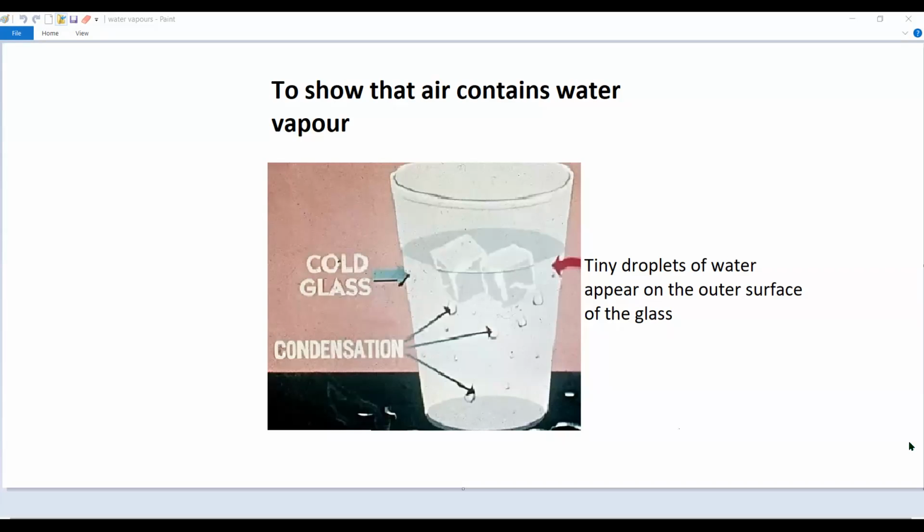Tiny droplets of water appear on the outer surface of the glass. Where have they come from? Due to the cold surface of the glass tumbler, the water vapors present in air got condensed as water droplets. This proves that air contains water vapors.